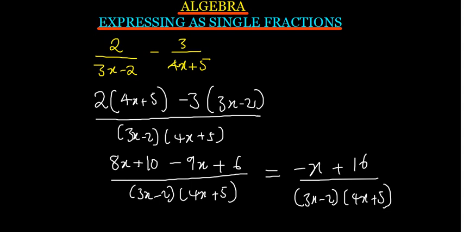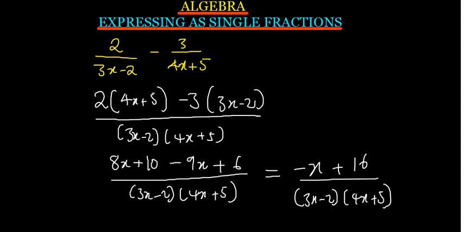So basically, this is the procedure we use when merging into a single fraction. There are some cases where you are given a problem that you have to simplify further, or you have to divide.